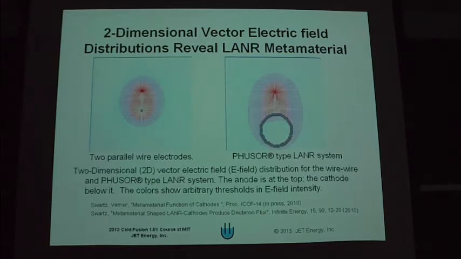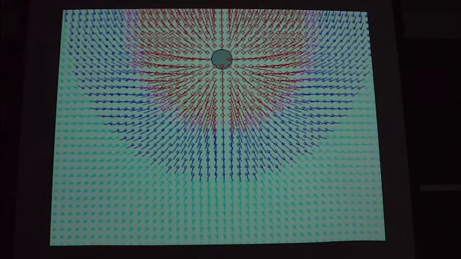In the classical two-wire system, or the Fleischmann-Pons system, where the anode circles around a single wire, it is very different from what we see with the fusor. In the program I did, this is supposed to be a little arrow. It's a circle instead of an arrow, but it's the same thing.